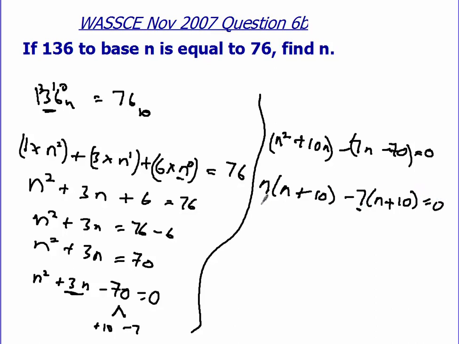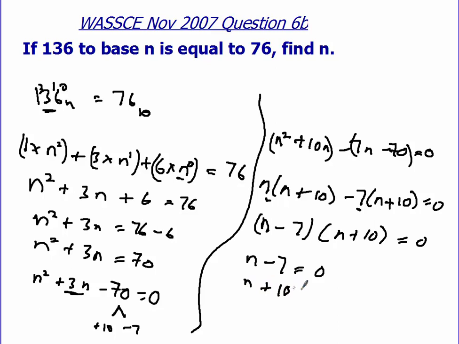Now let me keep those figures outside in a bracket. So n minus 7 in one bracket, and then n plus 10 in another bracket equal to 0. Therefore, n minus 7 is 0, then n plus 10 is 0.